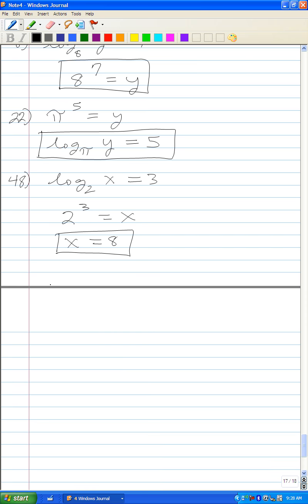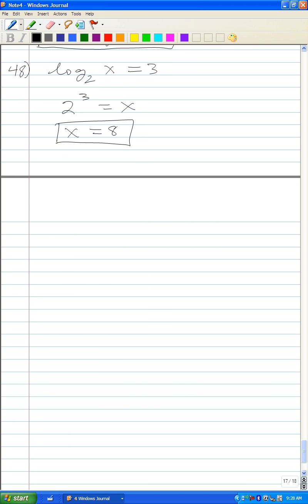Let me do problem number 60. Log base 2/3 of x is equal to 2.